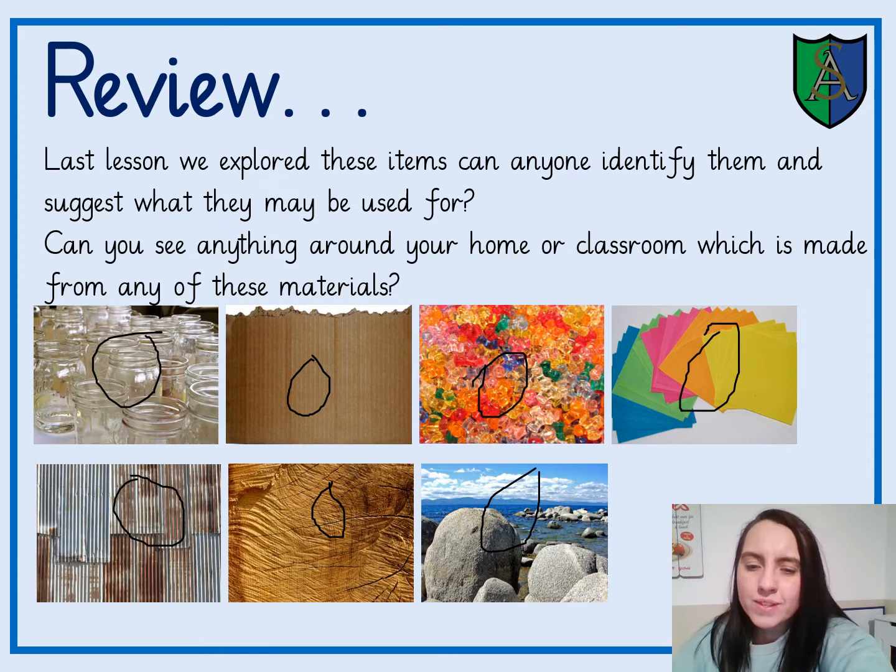And I also have some toilet roll, and in the middle of my toilet roll there is a little cardboard tube, okay? Hopefully you were able to spot some of those things around your home and identify some of the materials displayed in each of the pictures.